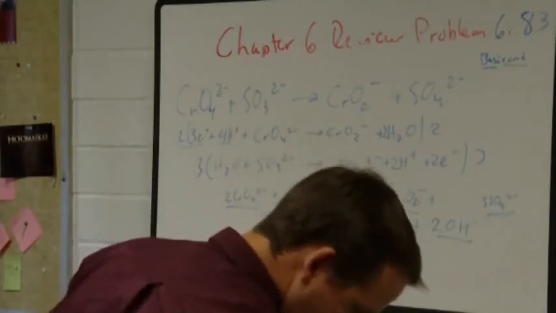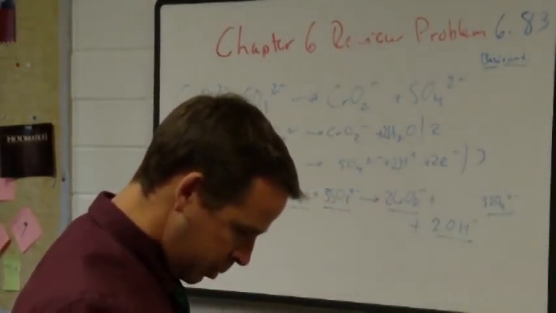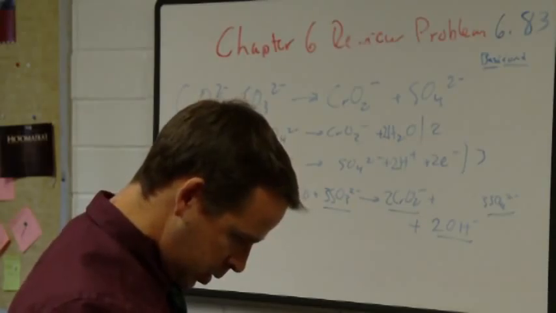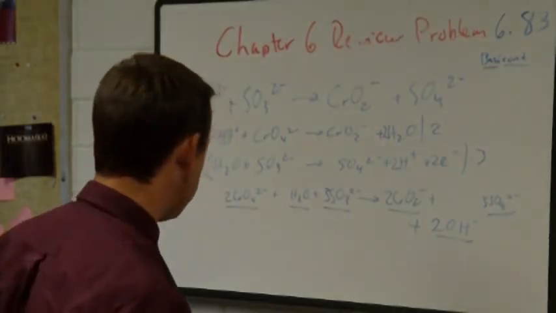683. How many grams of chromium were in the alloy sample? Okay. So it took 3.18 grams of sodium sulphite.